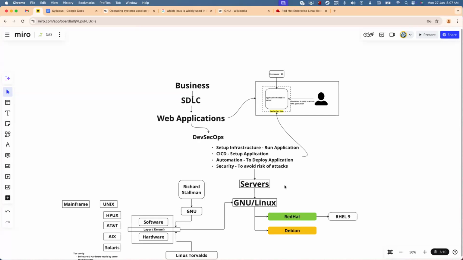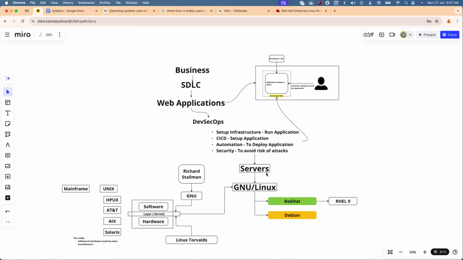Those servers are going to be Linux servers, and that's where you'll learn Linux. Linux has different versions, and Red Hat is the majorly used one in enterprise, so we are going to learn the latest version, version 9. So this is the context.